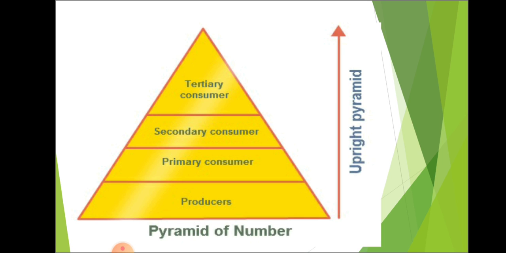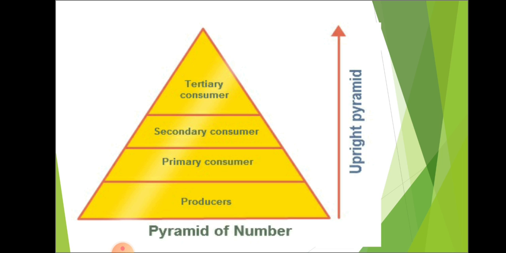It is the graphic representation of number of individuals per unit area of various trophic levels. Large number of producers tend to form the base, whereas lower number of top predators or carnivores occupy the tip. And the shape of the pyramid of numbers varies from ecosystem to ecosystem.